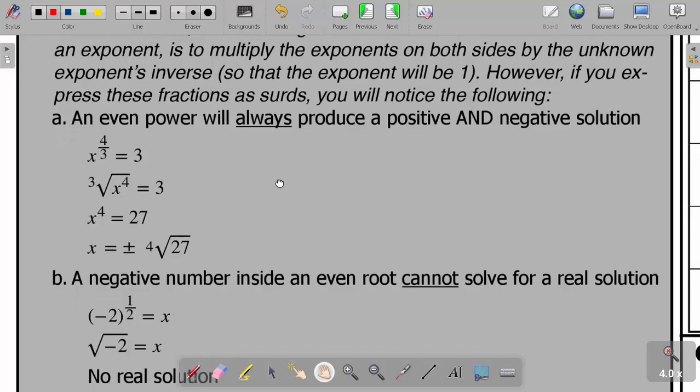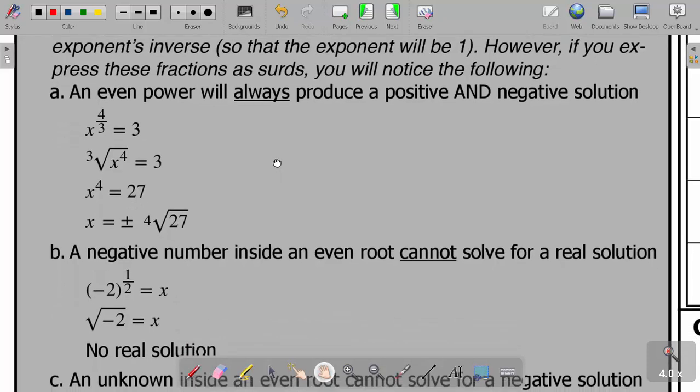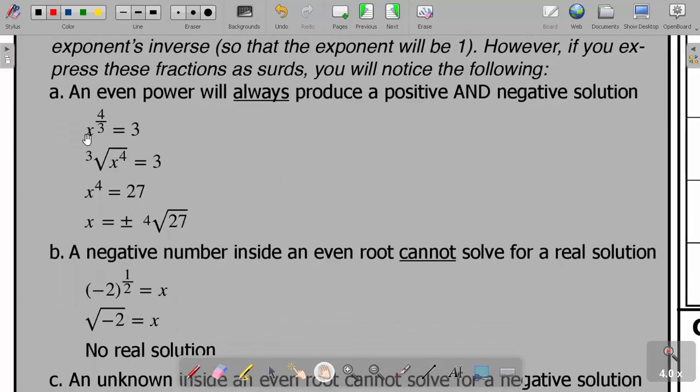An even power will always produce a positive and negative solution. For example, x power 4 over 3 equals 3. We're going to have it as the cube root of x power 4 equals 3. And then we get x power 4 equals 3 power 3, which is 27, which gives us the fourth root of 27, which is a plus or minus.